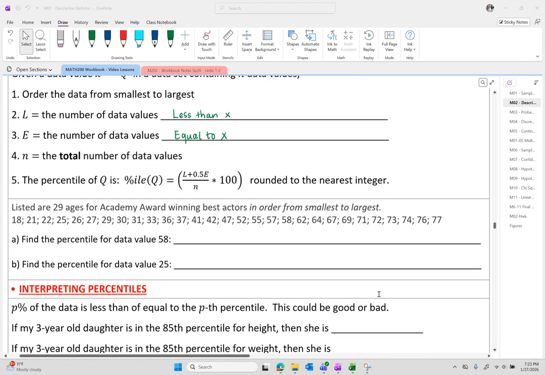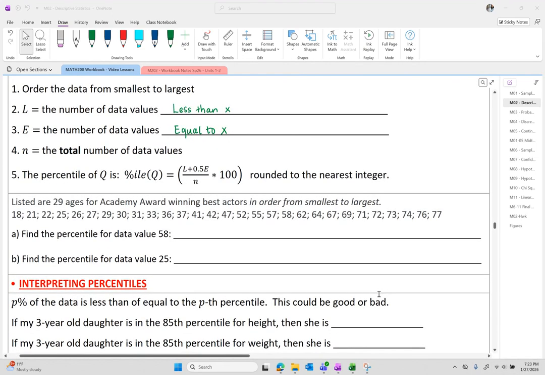This data is arranged in order from smaller to largest. n is equal to 29. These are ages for Academy Award-winning best actors, in order from smaller to largest.